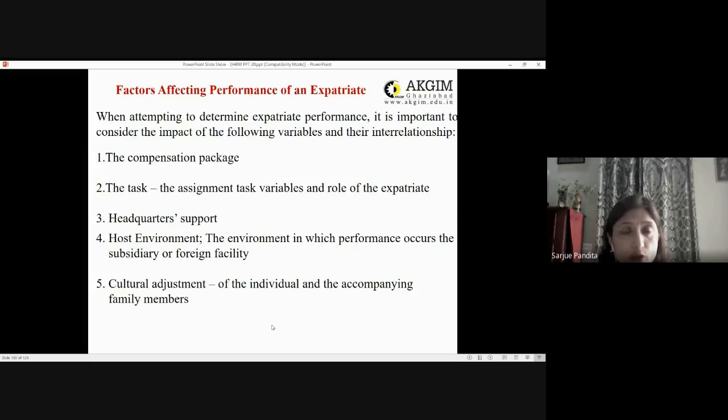If he is not able to adjust to the culture, and even his family is not able to adjust, his family might nag him that they are not feeling comfortable in this particular country, so it will definitely affect his performance. So all these factors might affect the performance of an expatriate.